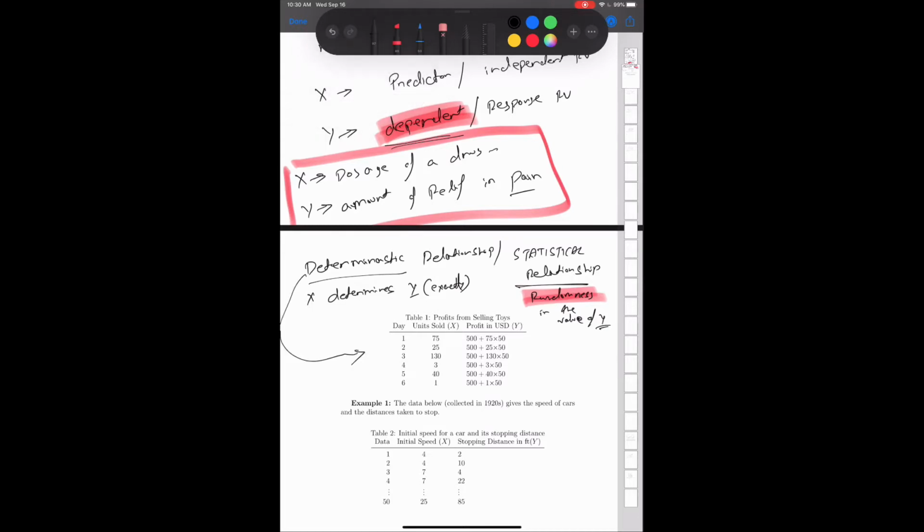Suppose you run a toy store where you sell drones, and the goal is to find out how much your income is.